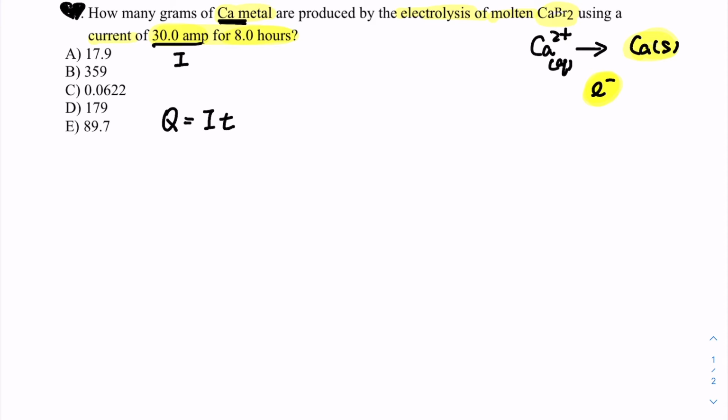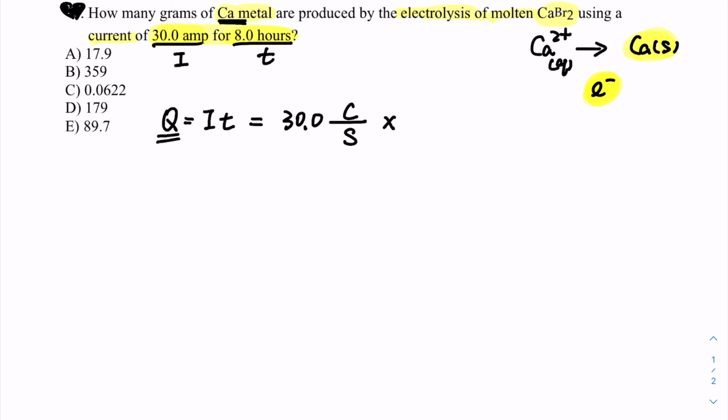We do have current, we do have time, so we can calculate the Q first. So the current is 30.0 amperes, and we also know the ampere A equals units of coulomb divided by second. This is how it relates back to the units for charge itself.